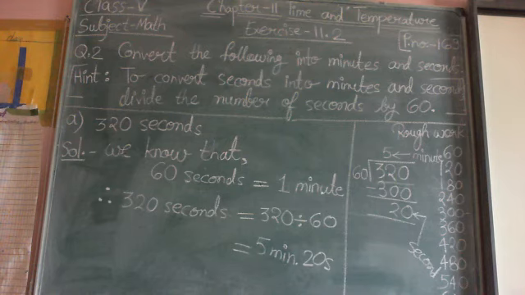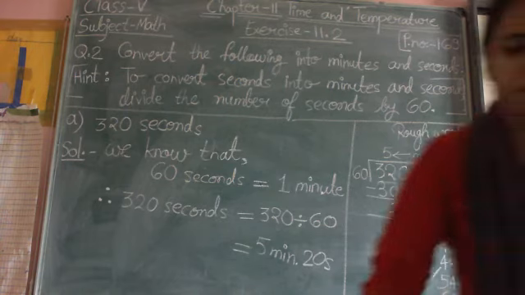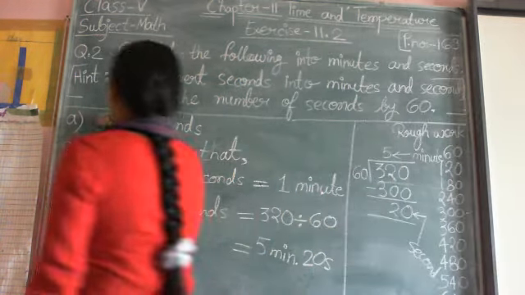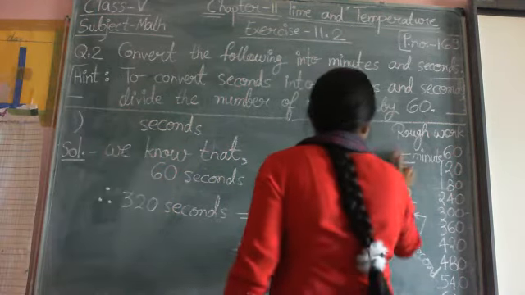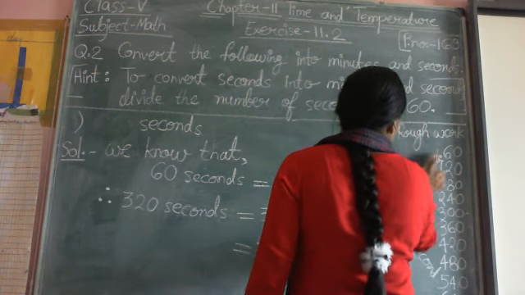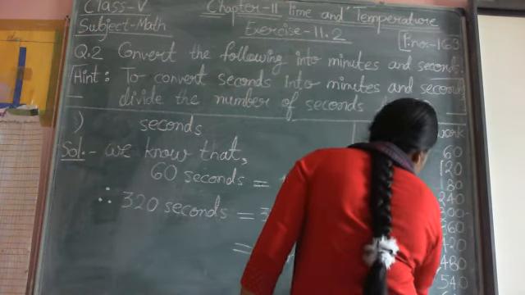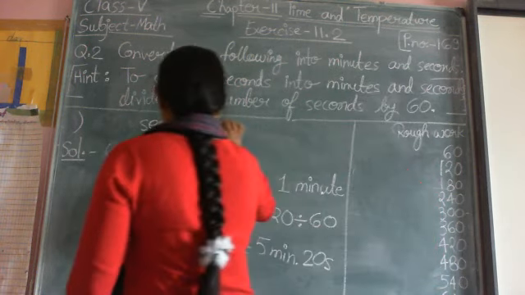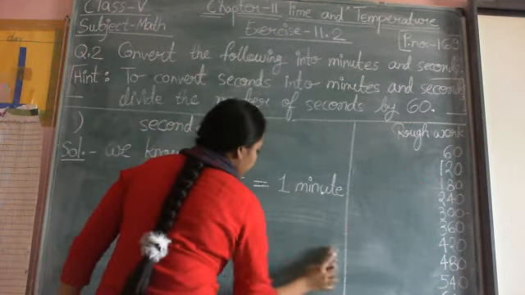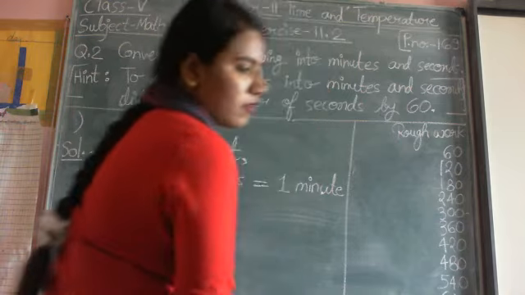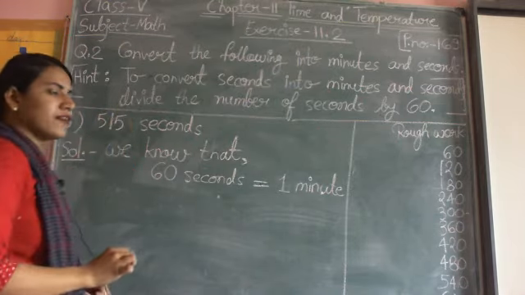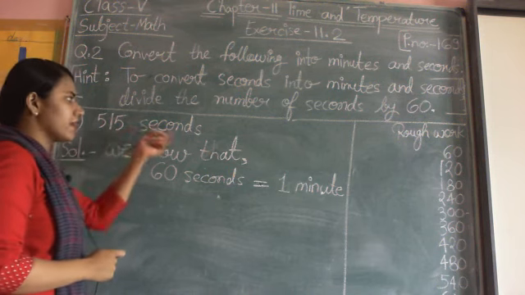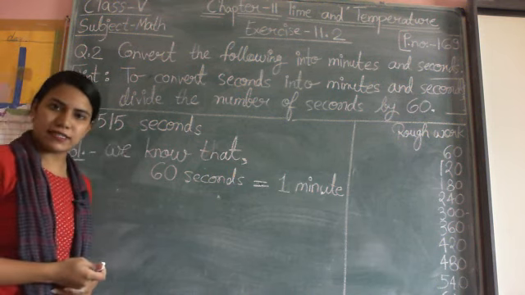Now the next part of the question. Part B, given is 515 seconds. Now our task is to convert 515 seconds into minutes and seconds.